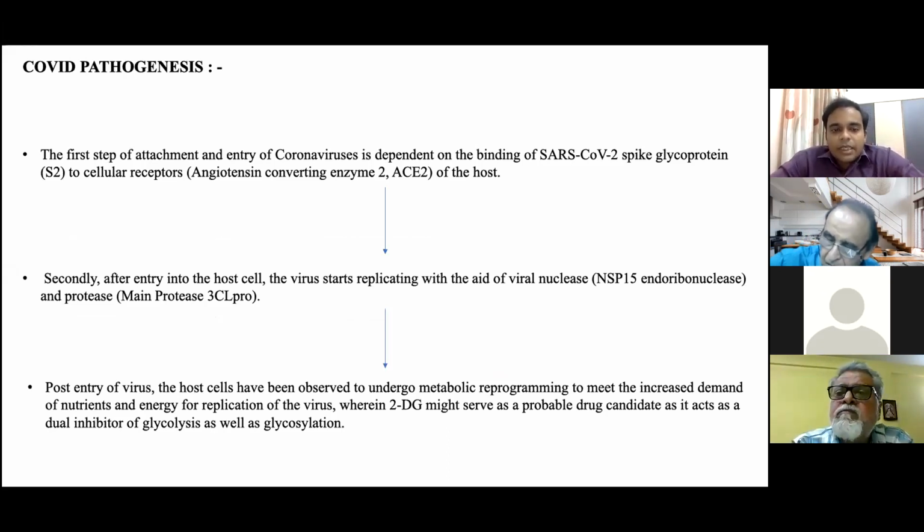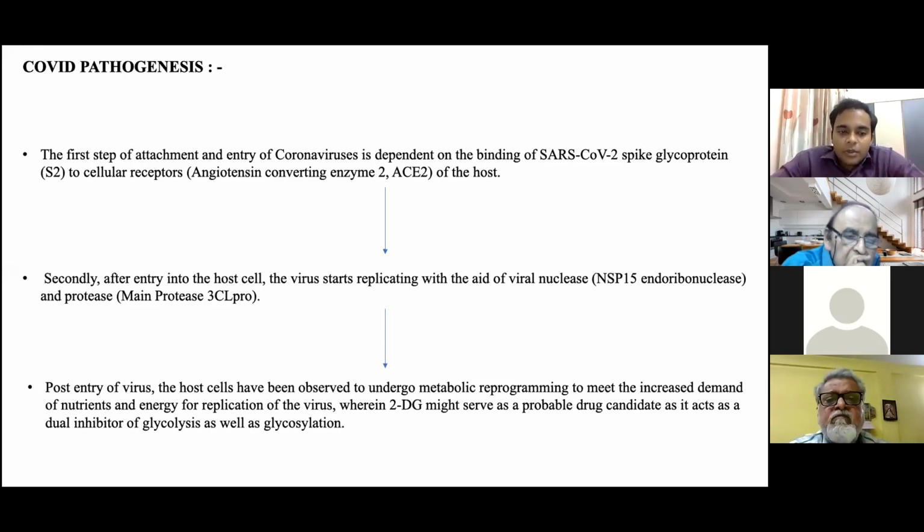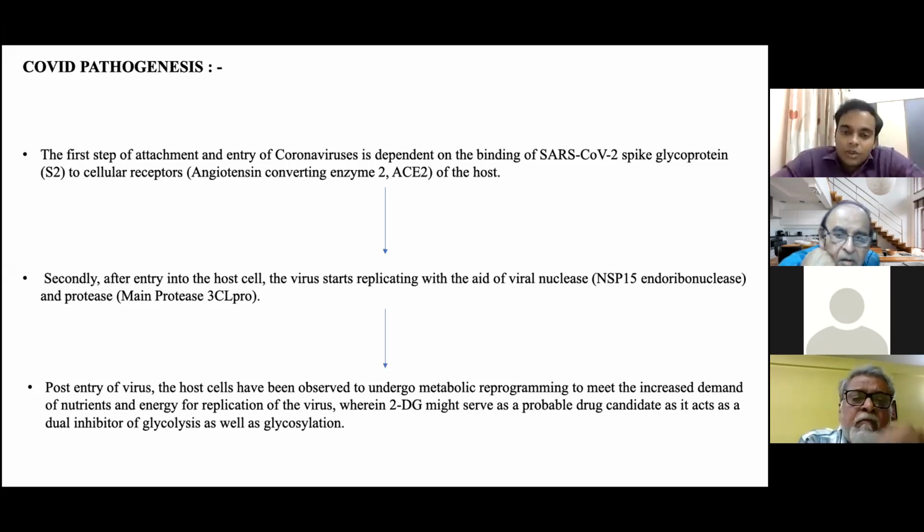After the entry, host cells are observed to undergo metabolic reprogramming to meet the demands of nutrients and energy for replication of the virus. So therein lies the hypothesis that maybe 2-deoxyglucose may serve as a probable drug which will inhibit glycolysis as well as this transfer of energy to the virus, which it needs for replication.